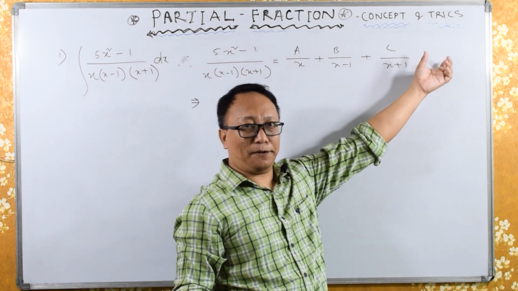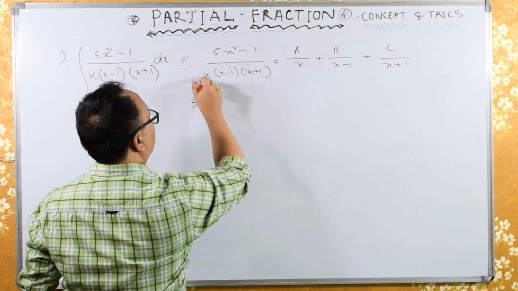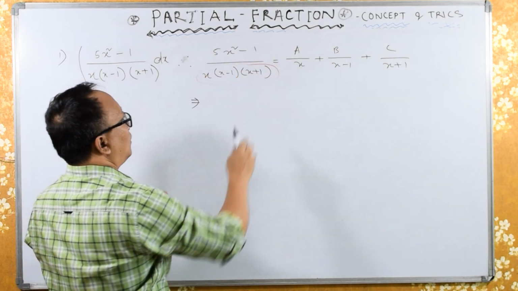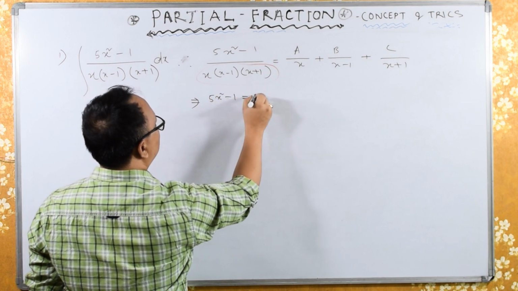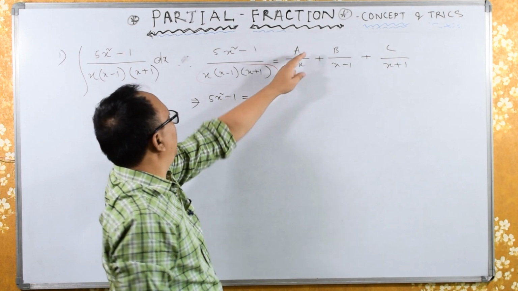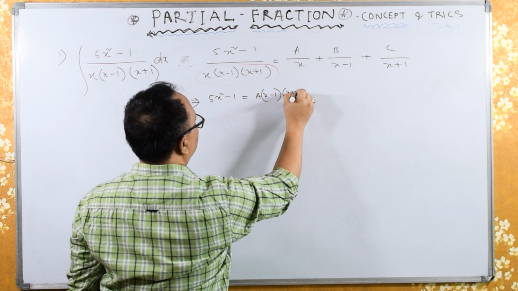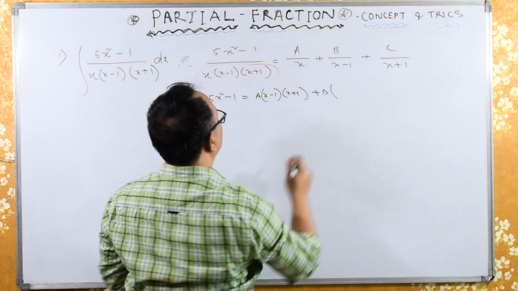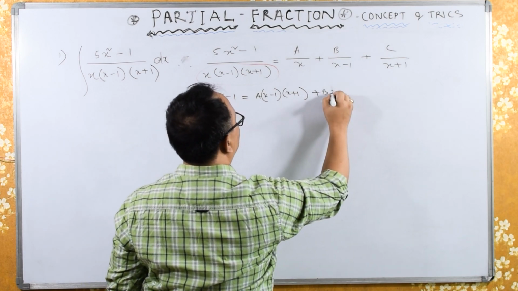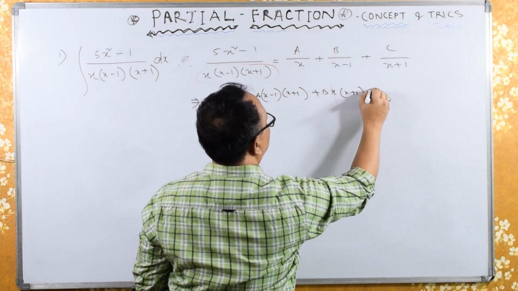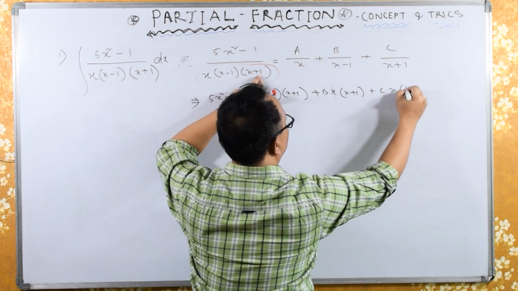Here, if I substitute x equals 1, it implies multiplying this whole factor on this equation. So we have 5x square minus 1 equals a into (x minus 1)(x plus 1), plus b into x into (x plus 1), plus c into x into (x minus 1).